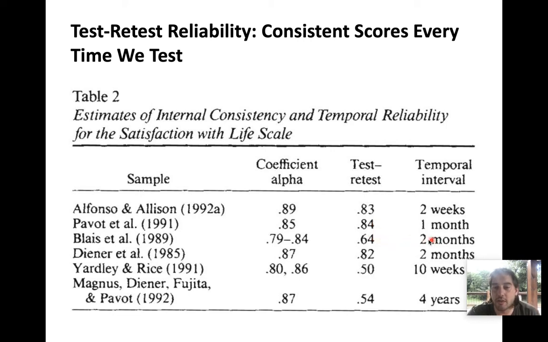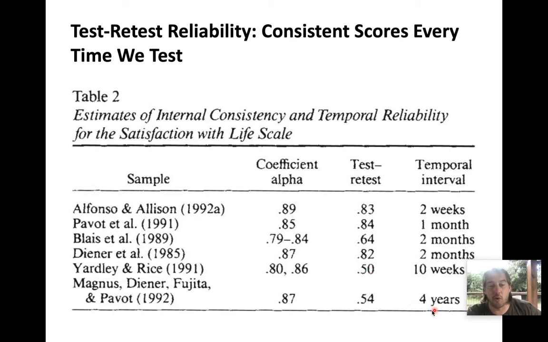However, when we get out to things like 2 months or 10 weeks of time, we start to see some decreases in the correlation between test time 1 and test time 2, meaning 2 months or 10 weeks is enough time for some things to happen to either increase your satisfaction with life or decrease your satisfaction with life, right? 2 months, 10 weeks, 2.5 months, 3 months, there's a lot of stuff that can happen. And so we start to see people's scores become less reliable over time.